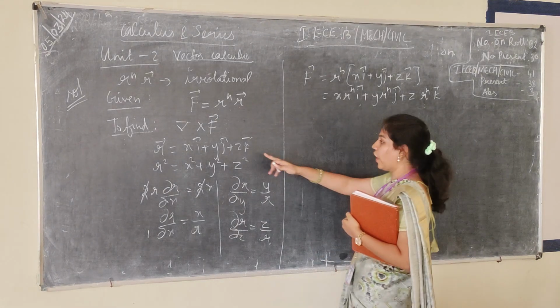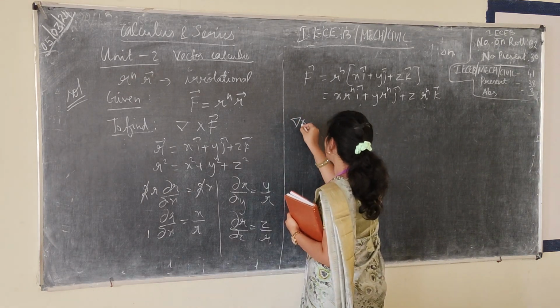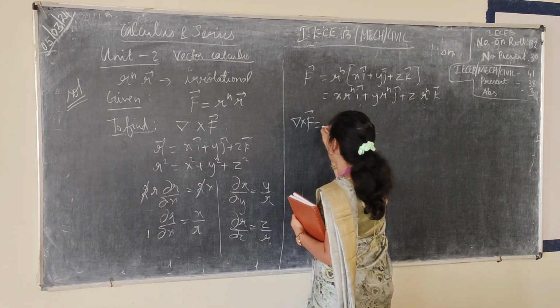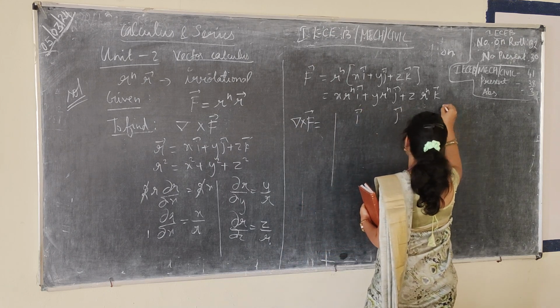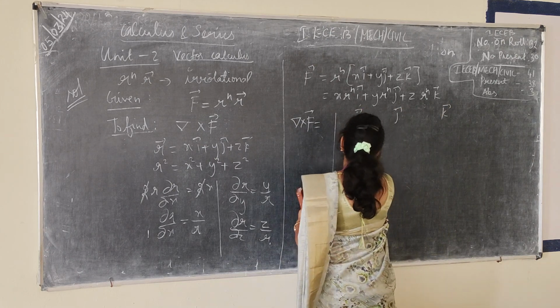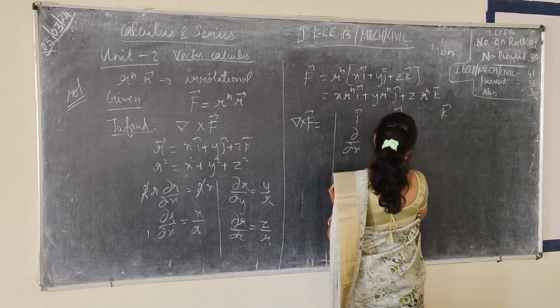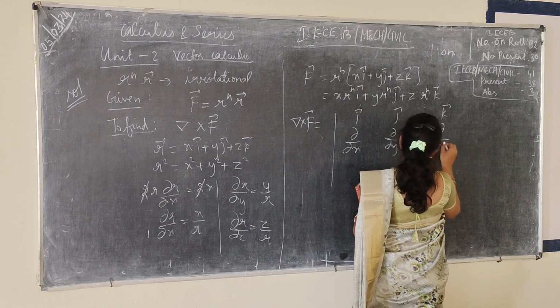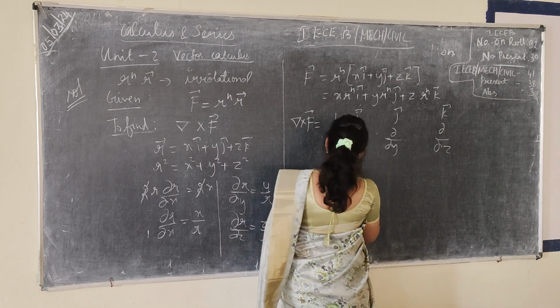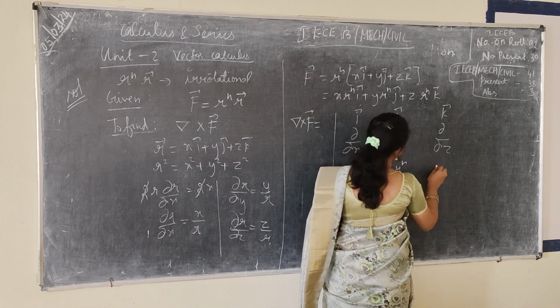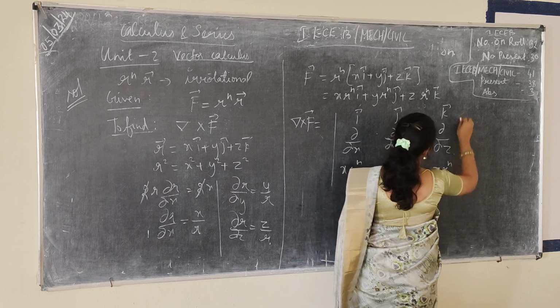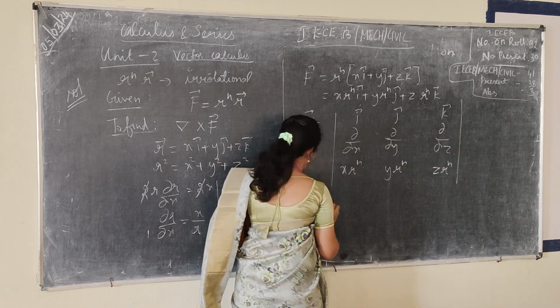Now we will find del cross f vector, which is i vector, j vector, k vector, dou by dou x, dou by dou y, dou by dou z, into x r power n, y r power n, z r power n. On solving, what do you get?